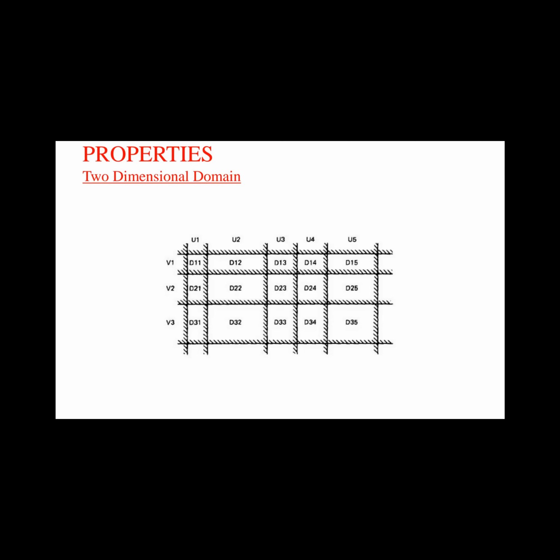That type of representation is called the two-dimensional representation. So the first property of the nice domain is that a domain has to be two-dimensional, and that domain is called the nice domain.